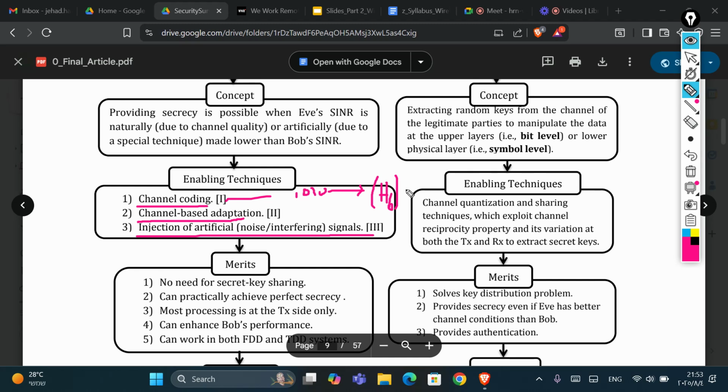Since Bob knows his own channel and Eve doesn't know Bob's channel, only Bob will be able to decode his signal while Eve will not be able to decode it. This is one approach. Now the channel-based adaptation approach.